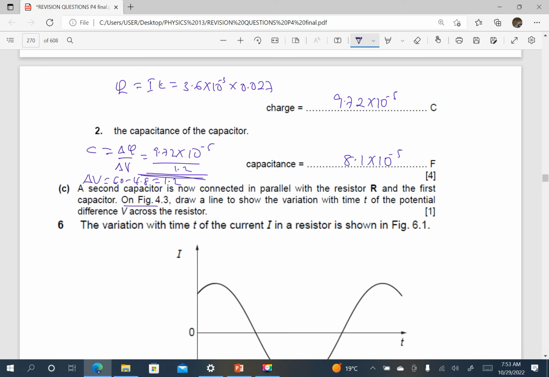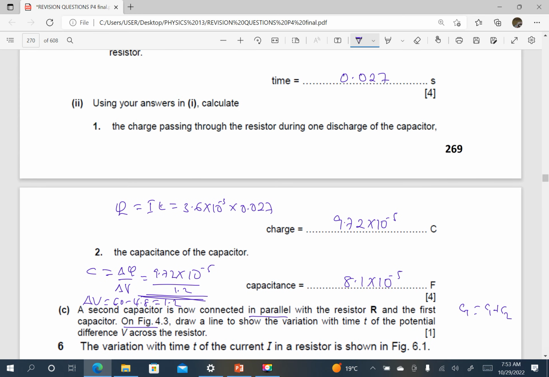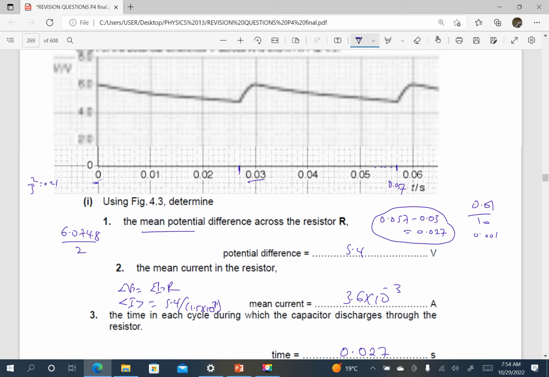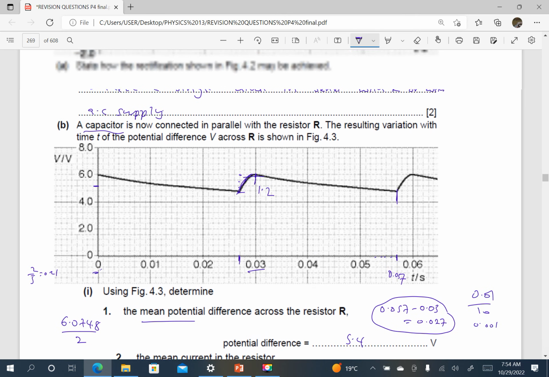When the second capacitor is connected in parallel with the first one, total capacitance increases, because for capacitors in parallel, the total capacitance is C1 plus C2. So total capacitance is higher. And remember in class, when capacitance is higher, the capacitor discharges slowly. That means the PD smoothing is increased, so the fluctuation is reduced.